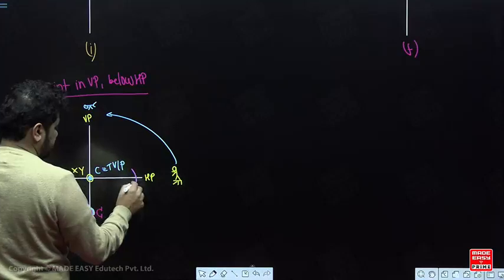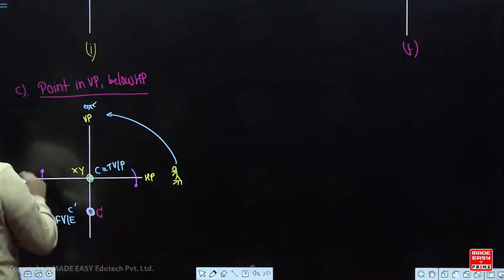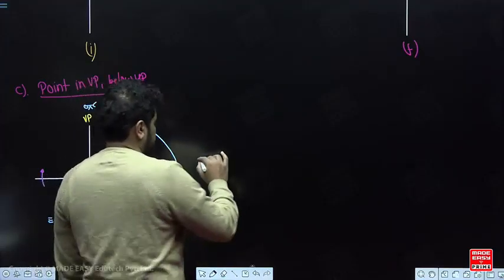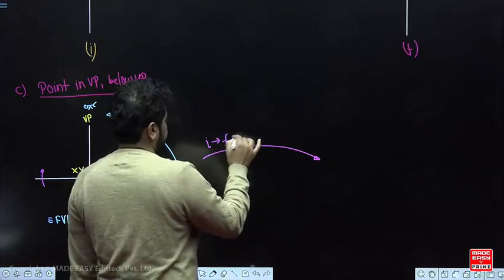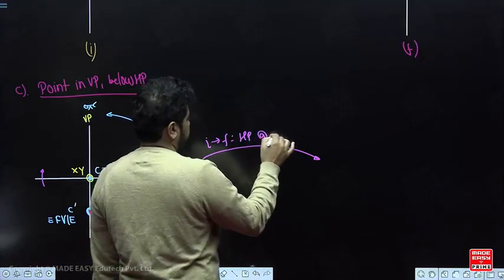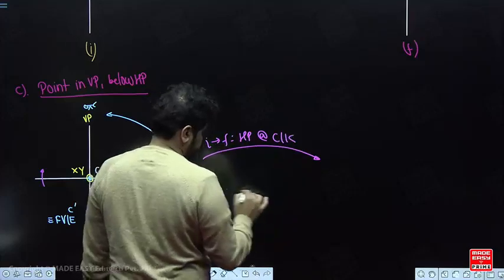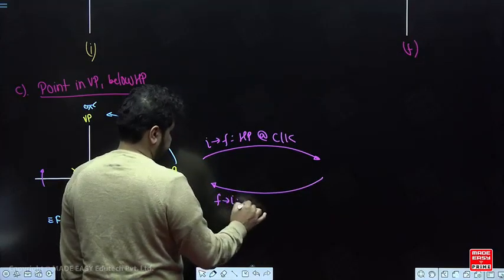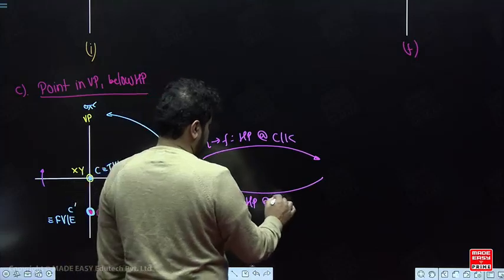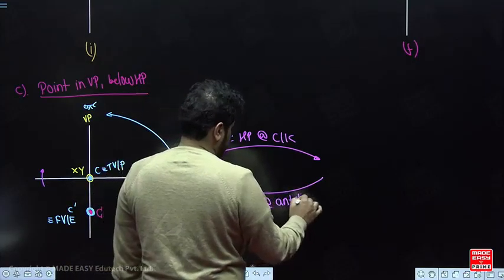Now if HP is rotated, is there anything? No, no appreciable change. Means initial to final, HP has to be rotated clockwise, final to initial, HP has to be rotated anti-clockwise.